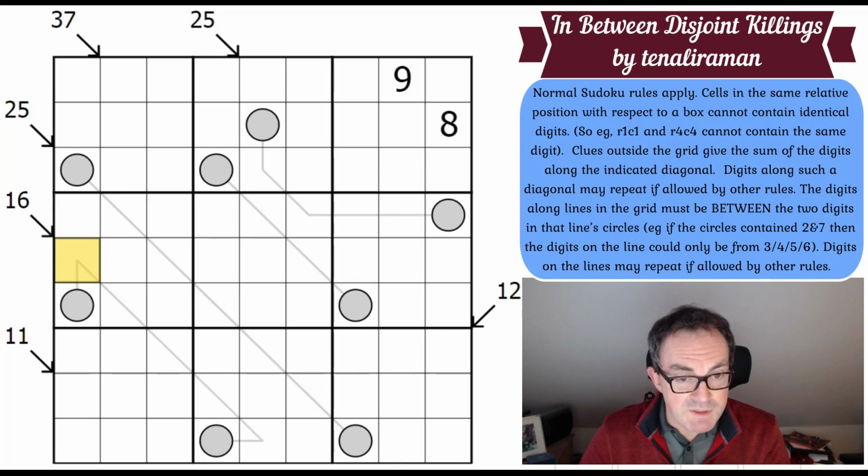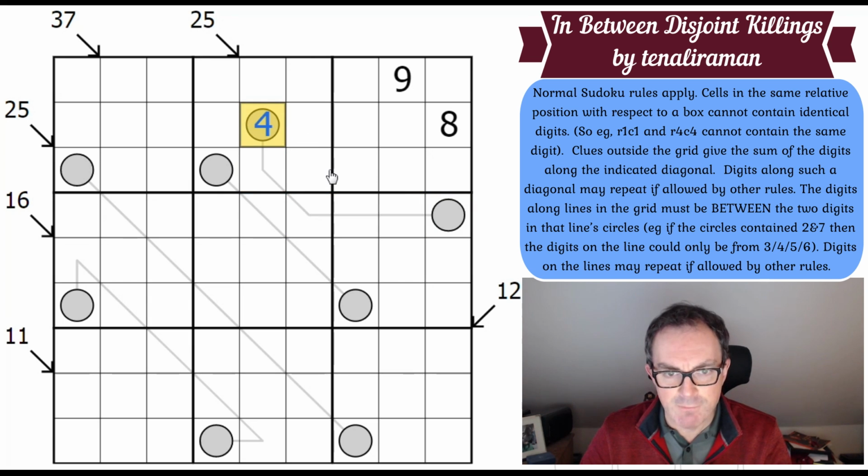Now finally we've got this between lines constraint. So digits along lines in the grid must be between the 2 digits in that line's circles, and digits on the lines may repeat if allowed by other rules. So let's look at a line. We've got a line here. So that's telling us that these 4 cells, whatever we put in these 4 cells, has to be between whatever we put in those 2 squares.